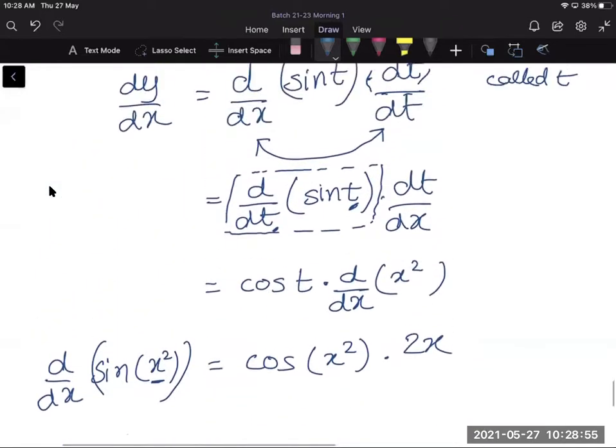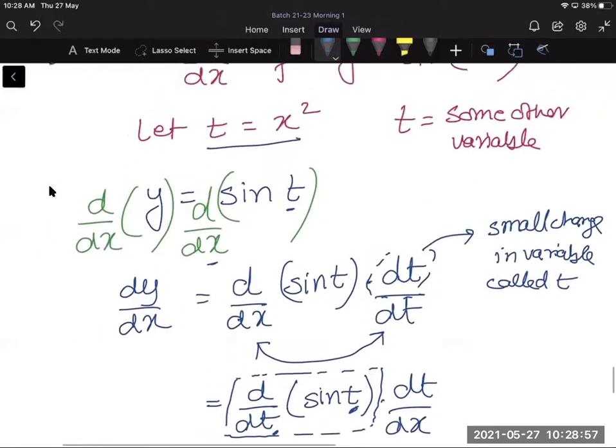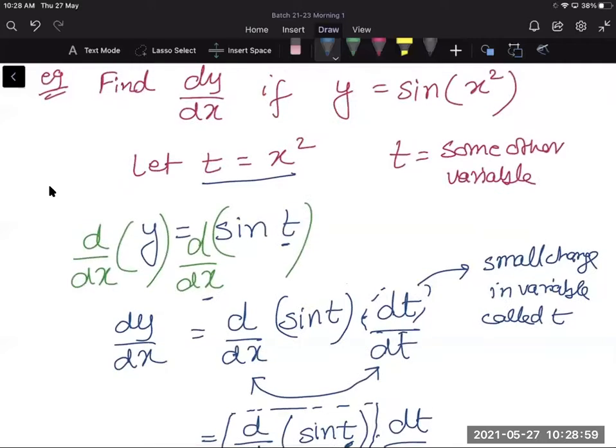So here, what we are doing is that we are saying that look, t is equal to x square, and then d by dx of y is equal to d by dx of sine t. D by dx of sine t cannot be carried out. Therefore, I am multiplying and dividing by dt. What is dt? It is a small change in the variable called t.